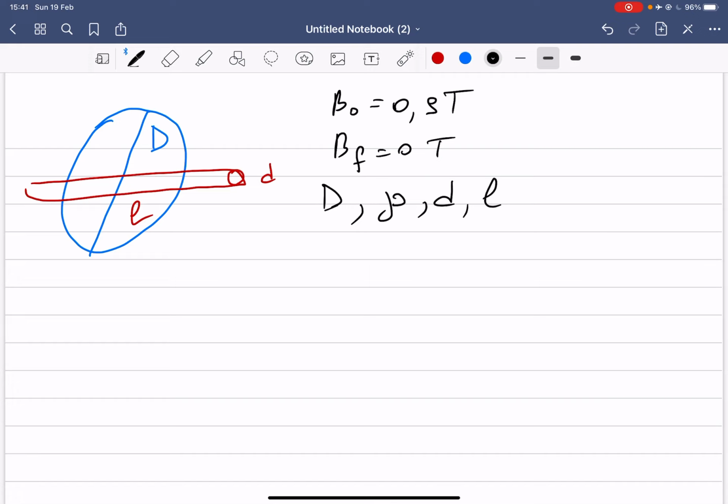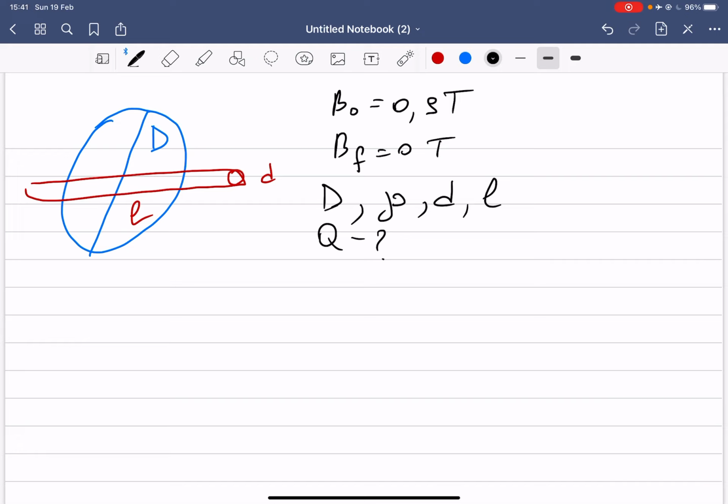So we have to find how much charge will be moving in this wire while the field is changing in the loop.